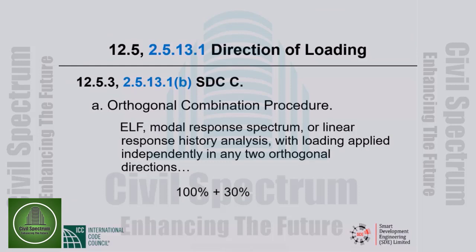You do equivalent lateral force, modal response spectrum, or linear response history analysis with loading applied independently in any two orthogonal directions, and then you design a structural member for 100% of the effect of the X earthquake plus 30% of the effect of the Y earthquake, or 30% of the effect of the X earthquake and 100% of the effect of the Y earthquake, whichever is the larger of the two. If 100% of X plus 30% of Y is larger than 30% of X and 100% of Y, then you design for 100% of X plus 30% of Y.